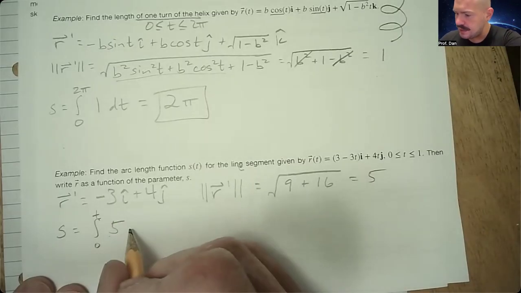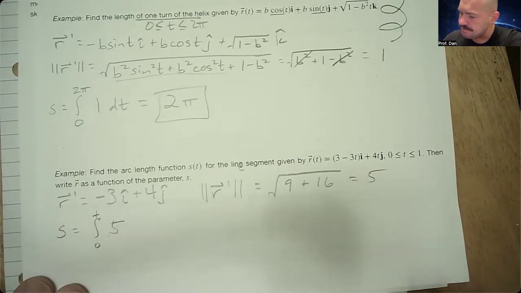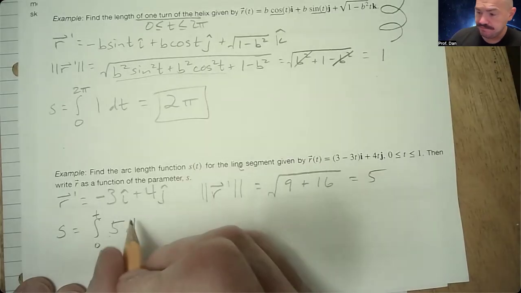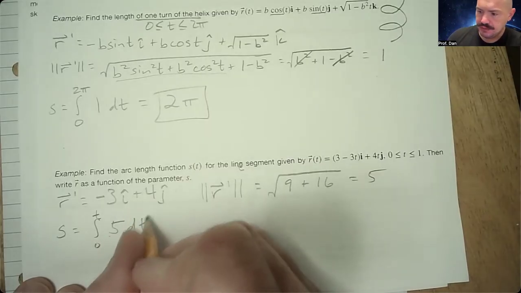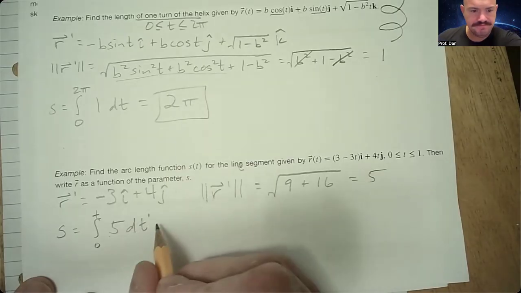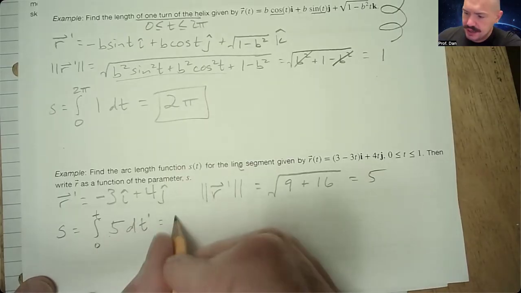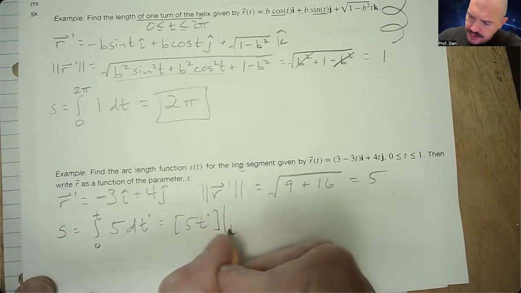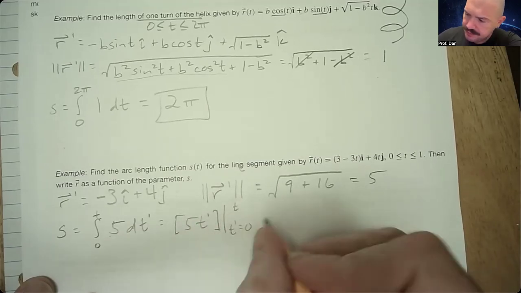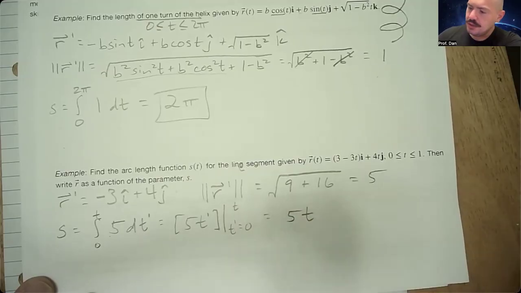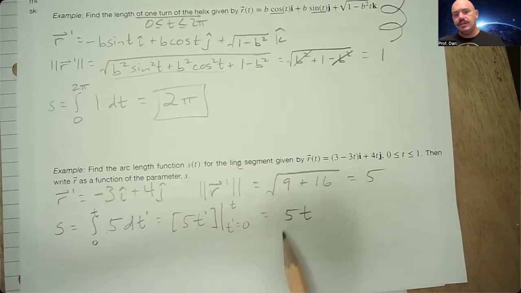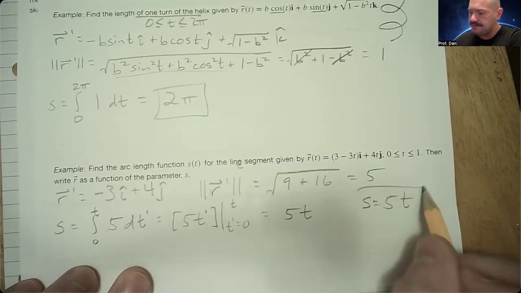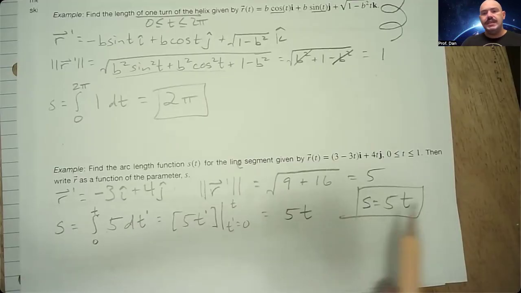I don't like that notation. All right, t prime, why not? Okay. So then the antiderivative of this, we get 5t prime from t prime equals 0 to t. And we get our answer 5t. So s is equal to 5t.